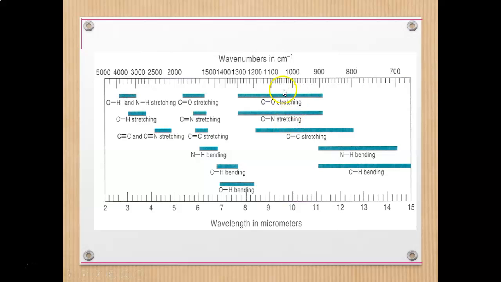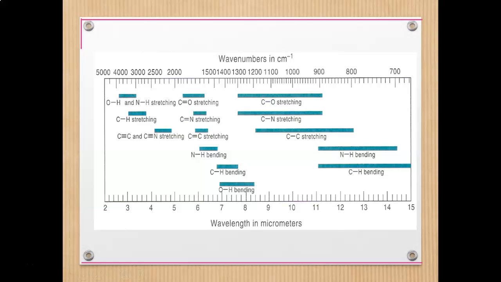Okay, so all these functional groups have their own wave number, and the simple stretching, for example, is in the range of 1600 to 3500, and complex vibration lies between 600 to 1400.